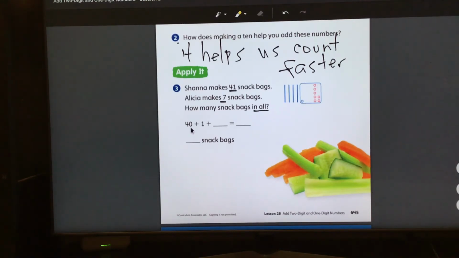So we have 40 plus 1 plus 7, and that equals, they want you just to count all the ones together. So here we have 7 and 1 more is 8. So if you have 40 here and 8 inside here, you know that you have 48. Same here. 1 plus 7 is 8. So 40 plus 8 equals 48. 48 snack bags.